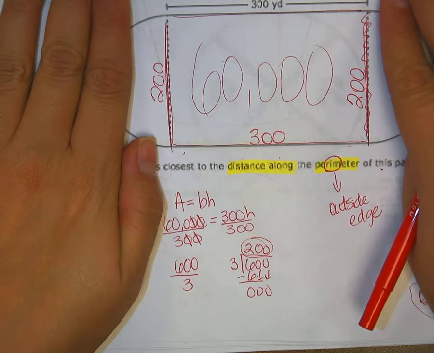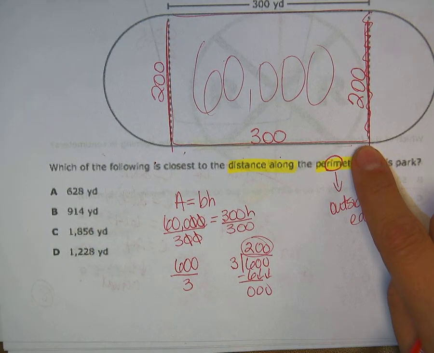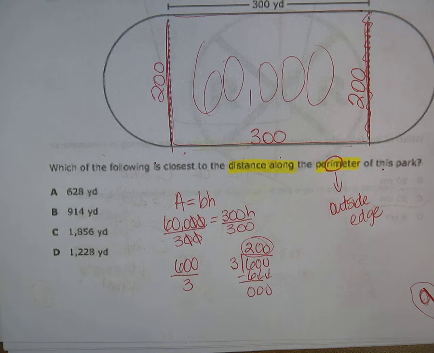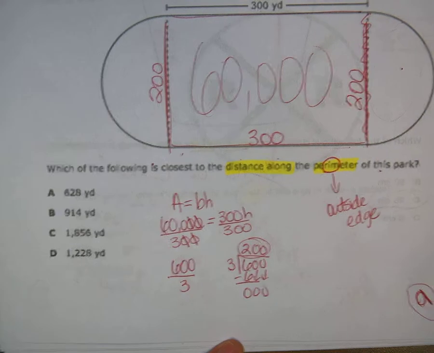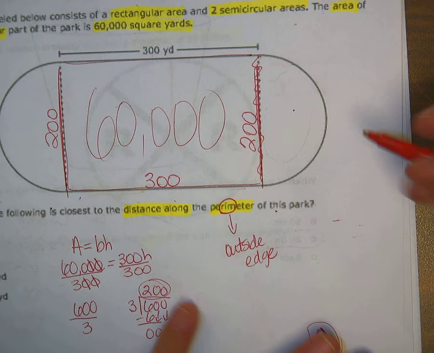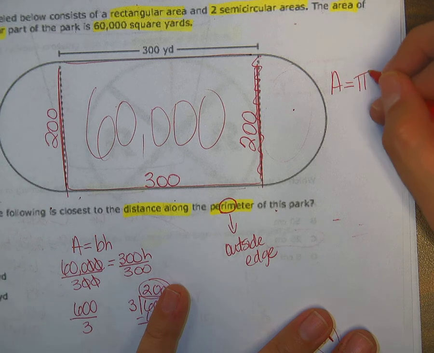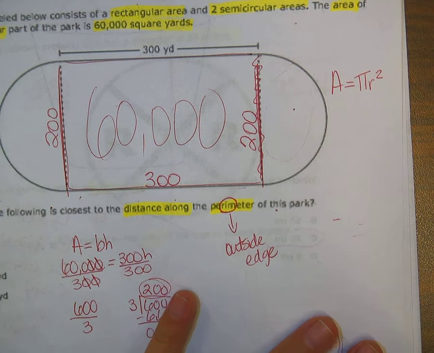Okay, so I know only part of it. I know 200 by 300 is the distance there, but I still have these semicircles. How do we find area for a circle? Without guessing, you would look at your formula chart. Area equals pi r squared.